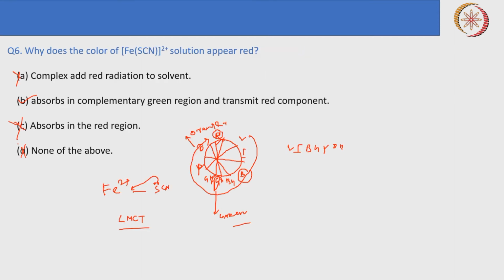So d-d transition, I also don't know exactly which transition is forming. So I'll check that. But as sulfur has a lone pair here, it is possible that ligand to metal charge transfer can occur.